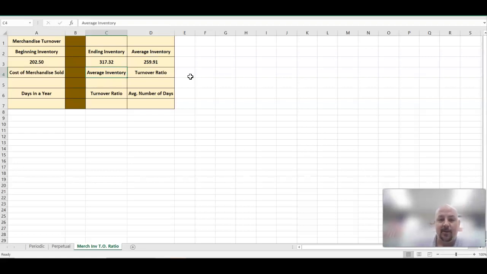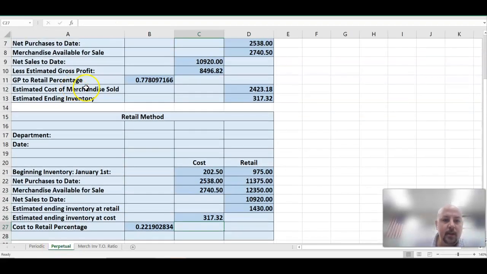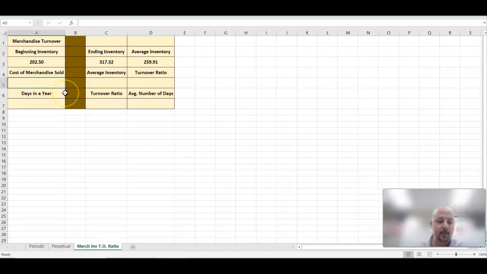Theoretically, at any point in the year, on average, we would have this amount of cute pet costumes in our store. Cost of merch sold is going to be 2,423.18, and the average inventory is what we just found, 259.91.